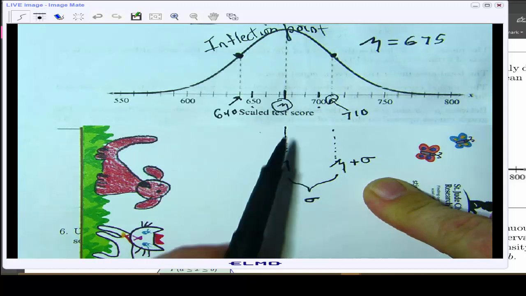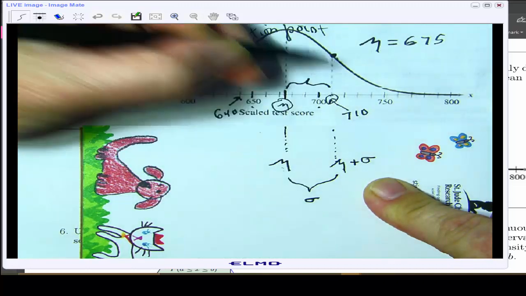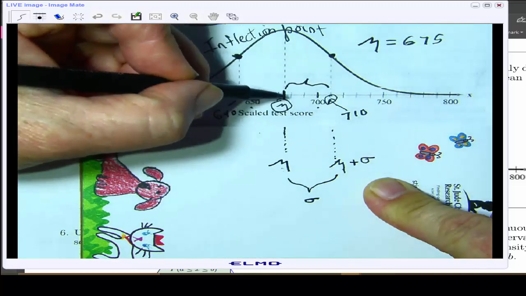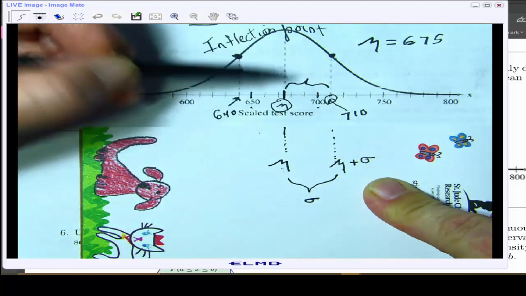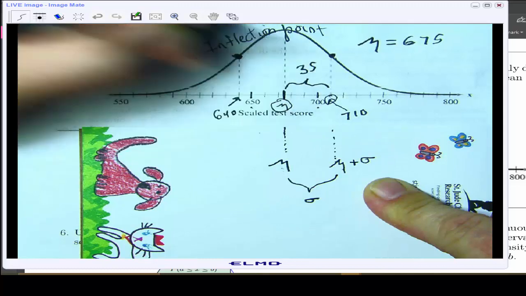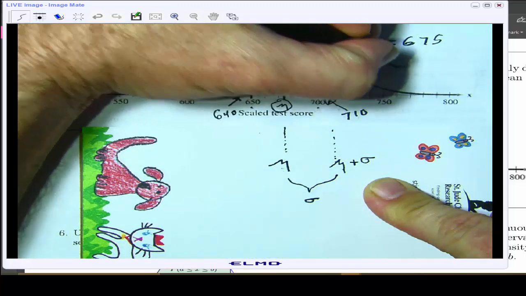It looks like this length here is sigma, and that's going to be, let's see here, 10, 20, 35, so it's 35 units. So sigma is 35 units.